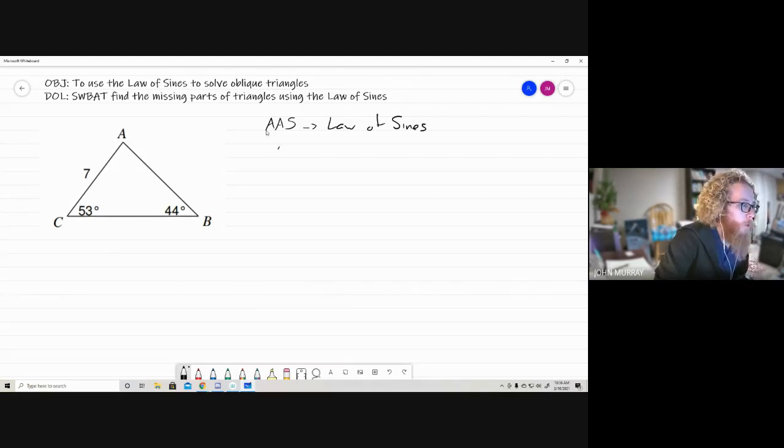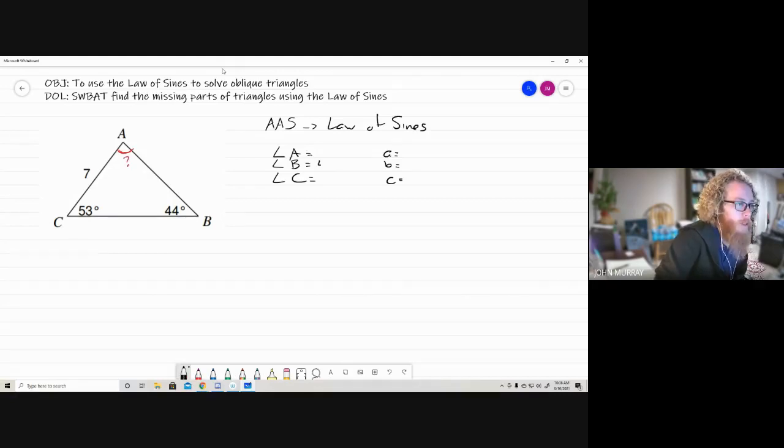So just for organization purposes, all right, we're going to write down what we know. I don't know angle A, right? That's going to be one of the things that I find.